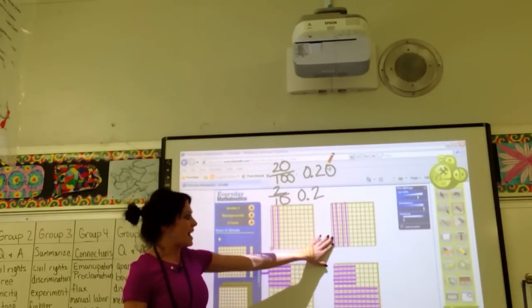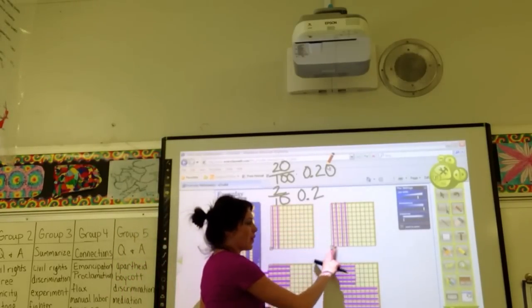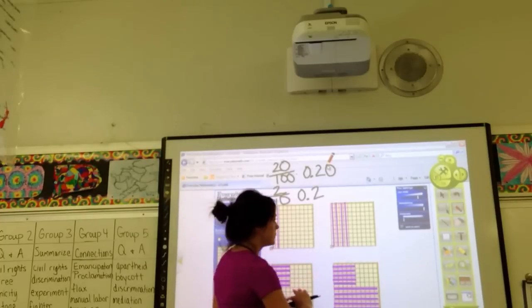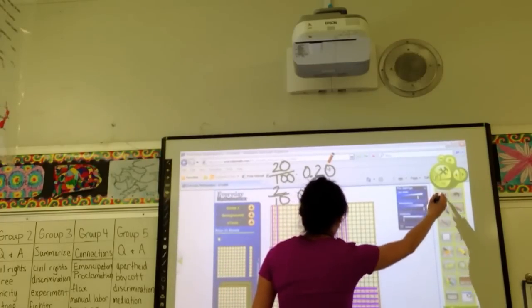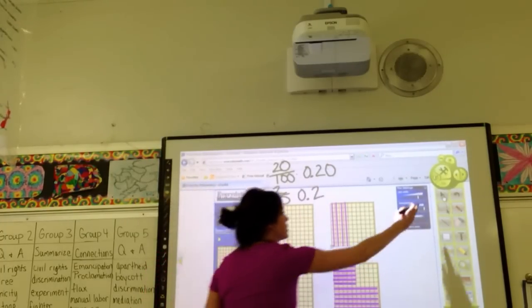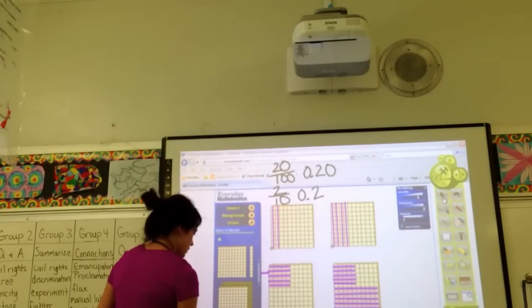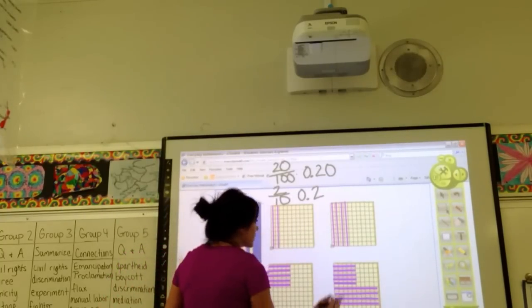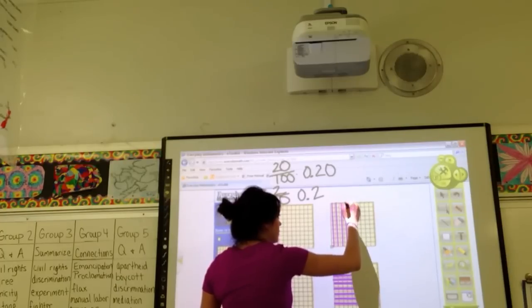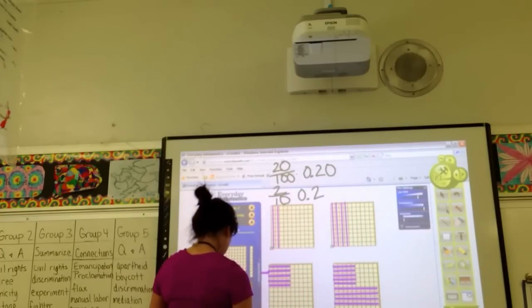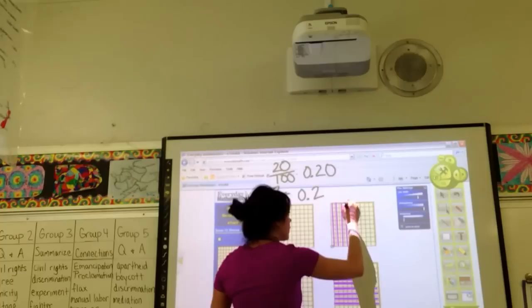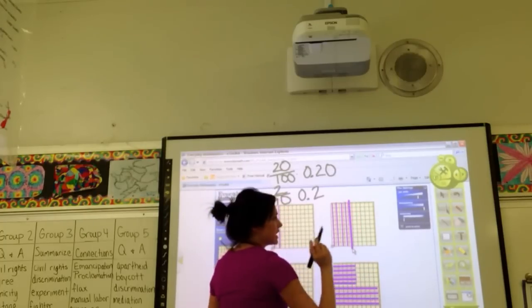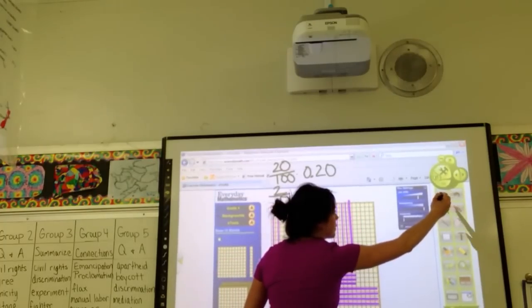On the next flat, I have 5 longs shaded in. Oh, actually I have 4 longs shaded in. I meant to shade in 5, so I'm going to change that. Okay? So I'm going to change it so that I have 5 longs shaded in. There we go.